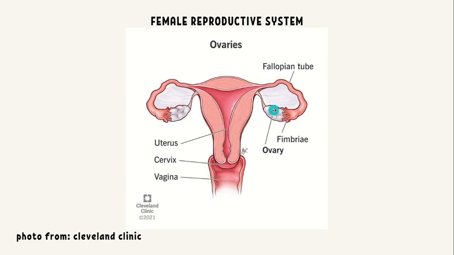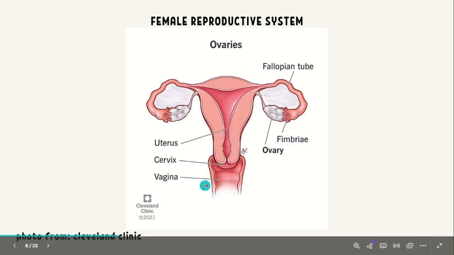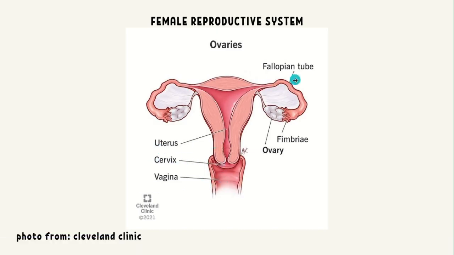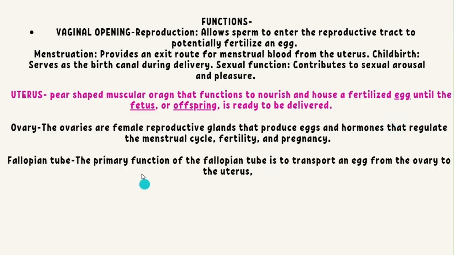But basically, this is the ovary, this is the fallopian tube, and this is the fimbriae. You don't necessarily have to know this one right here, but everything else, the vaginal opening, the cervix, the uterus, the fallopian tube, and the ovary, I would suggest you know how to draw this, or at least have a mental picture in your mind of how it exactly looks.